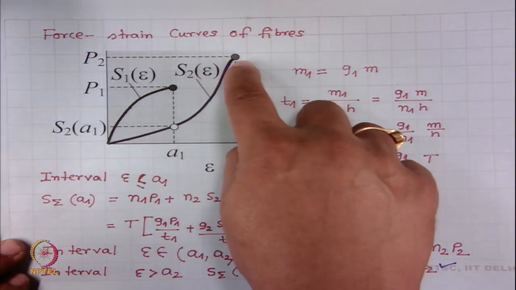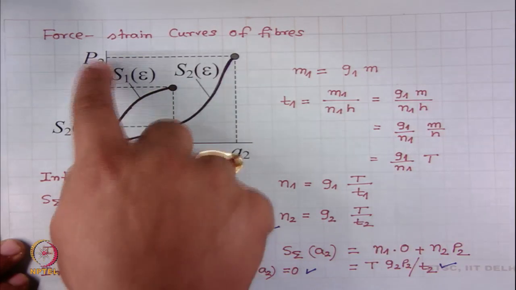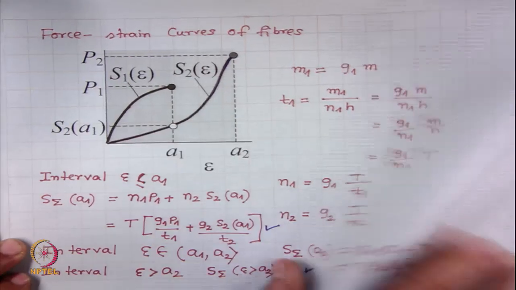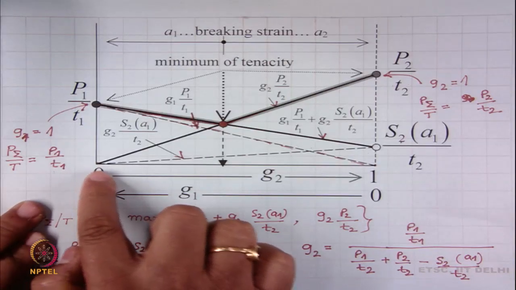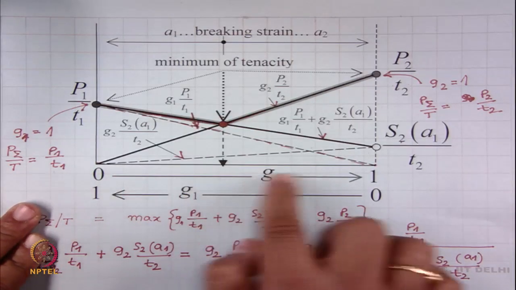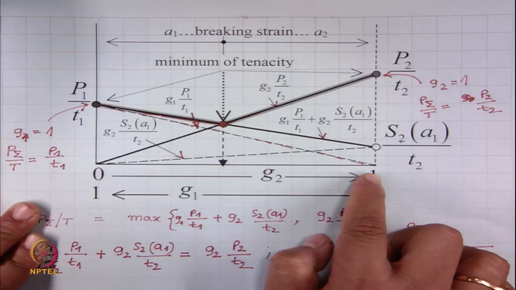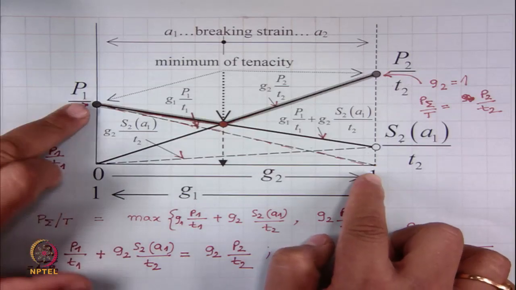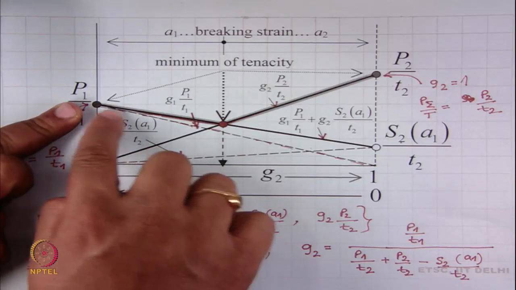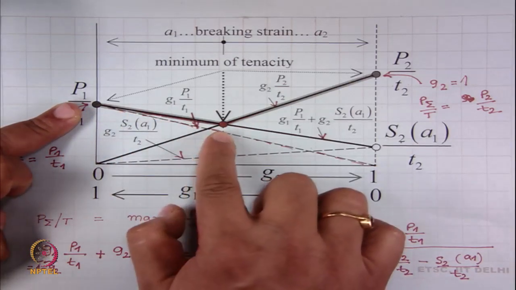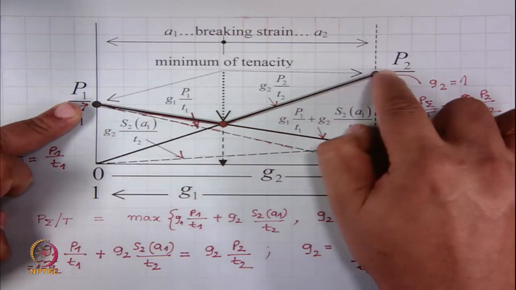P2 is greater than P1. So, we go on adding stronger fibers in the bundle. The bundle tenacity initially is reducing, it is lowest here, then it is increasing.